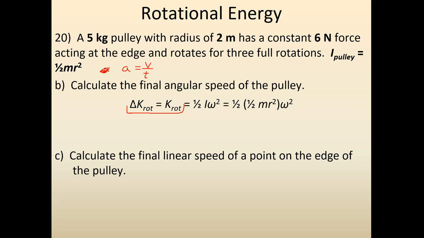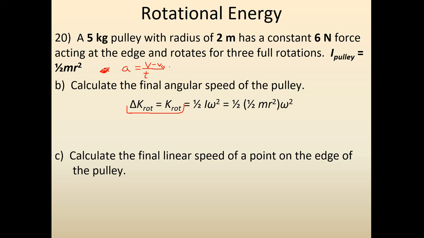That works only in the cases where the initial velocity is zero, because acceleration is actually the difference in these velocities. So just note that, because if there was an initial speed, I would have to make sure to take that into account.